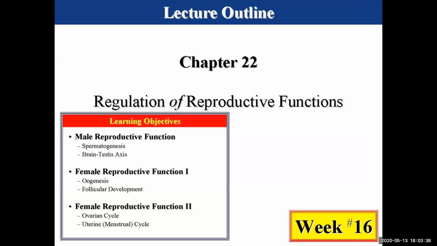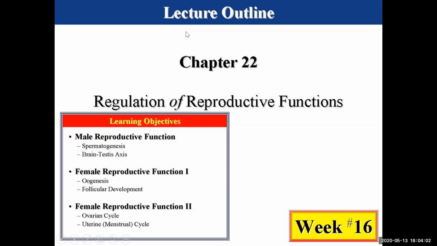And once the female baby is born, she will have all the oocytes that she needs for the rest of her life without producing new ones, because those were done during gestation when she was still in her mom's uterus. So we're going to come back and talk about that main difference between the two.